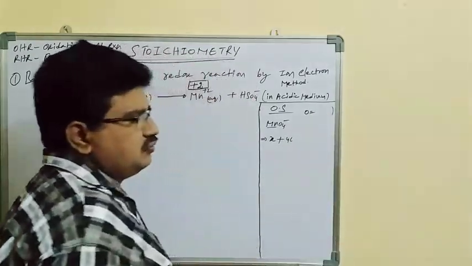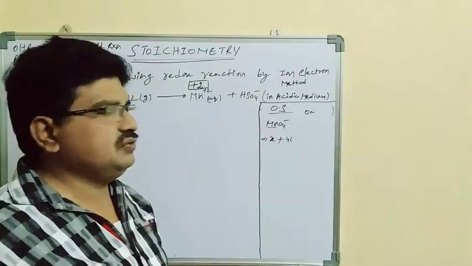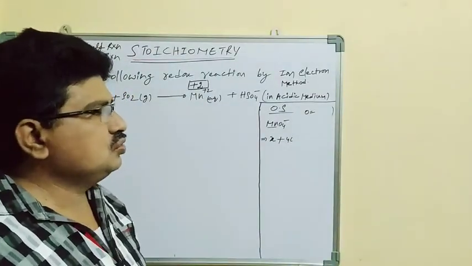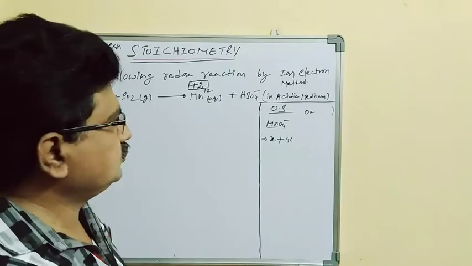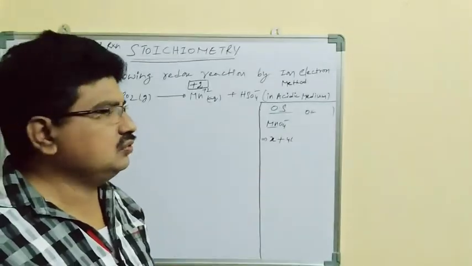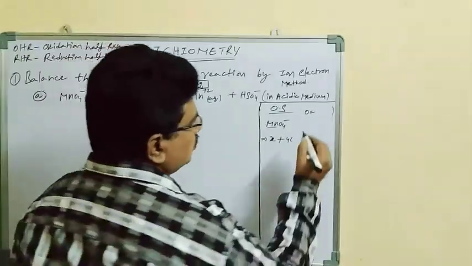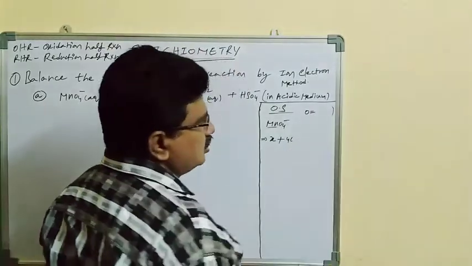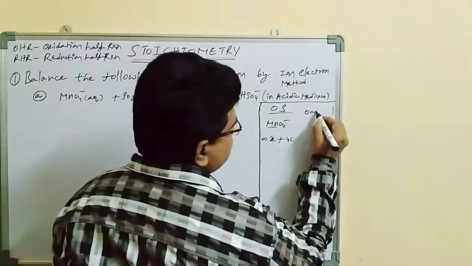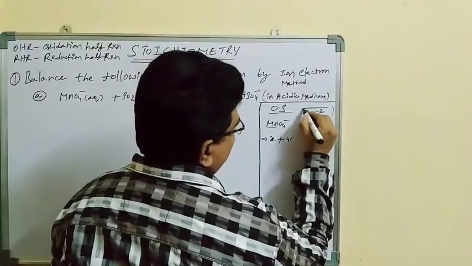In the previous video we did how to calculate oxidation state, so go through that video. The normal oxidation state of oxygen is -2.